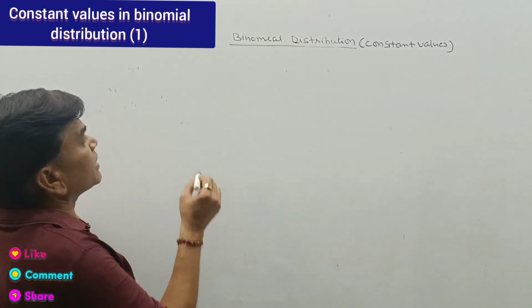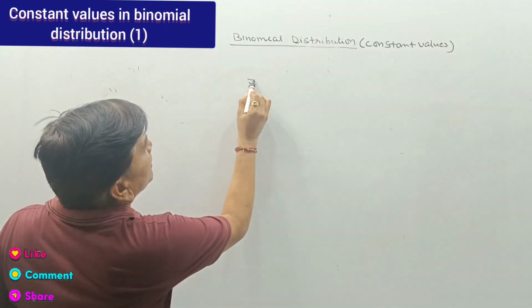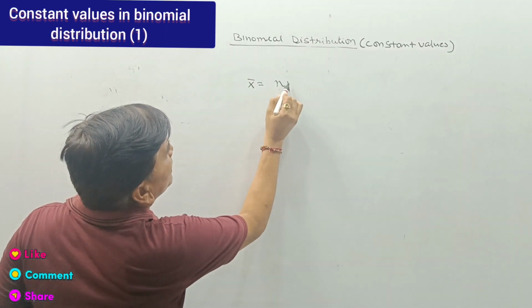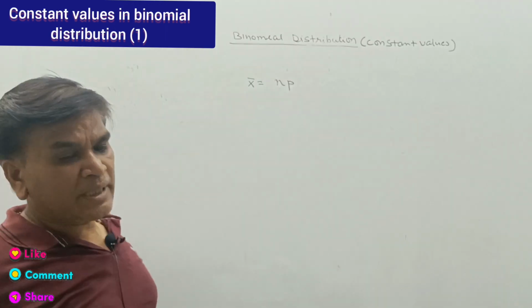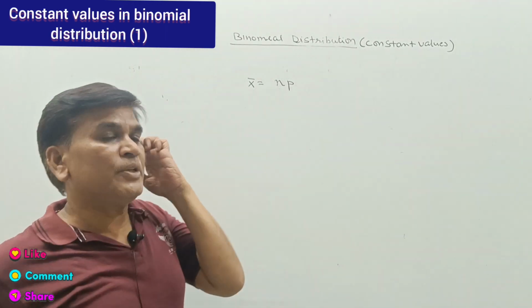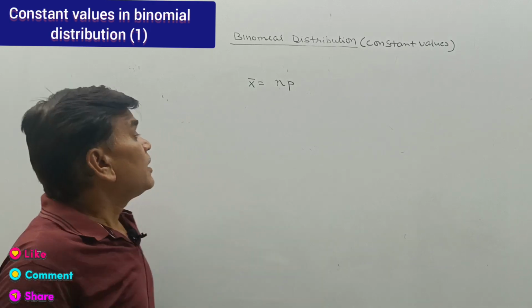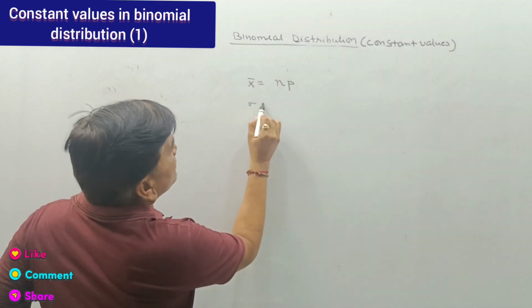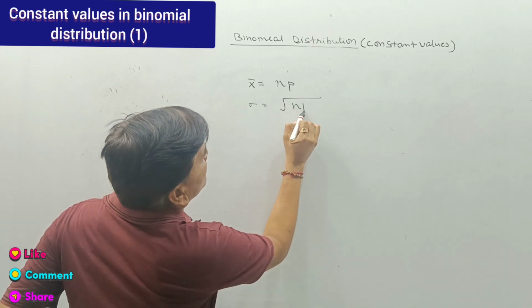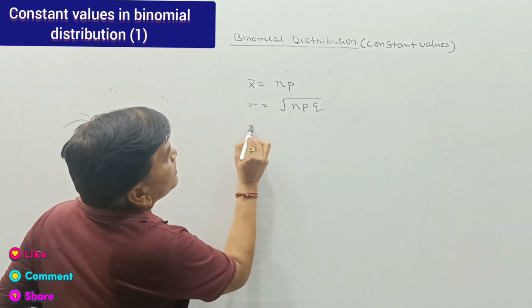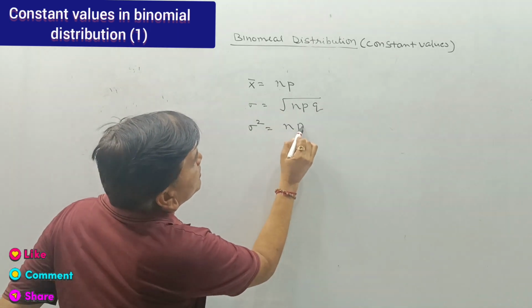Suppose we are to calculate the arithmetic mean with the help of the binomial distribution, the formula will be np. For calculating the arithmetic mean, we use x bar is equal to np. The standard deviation is the square root of npq, and the variance is npq.